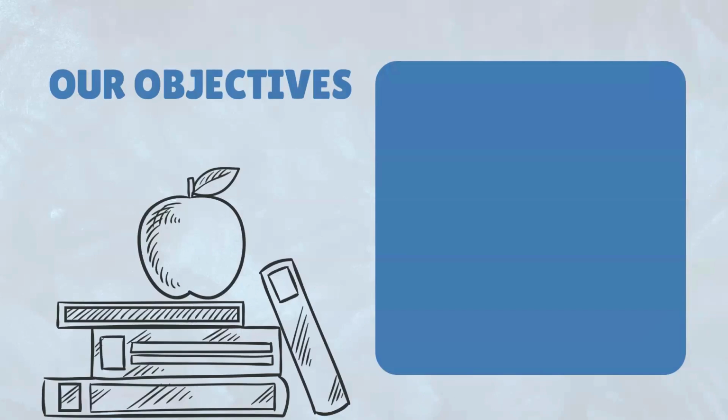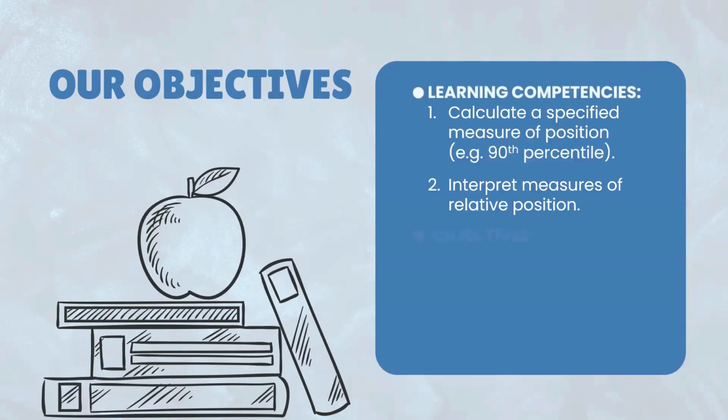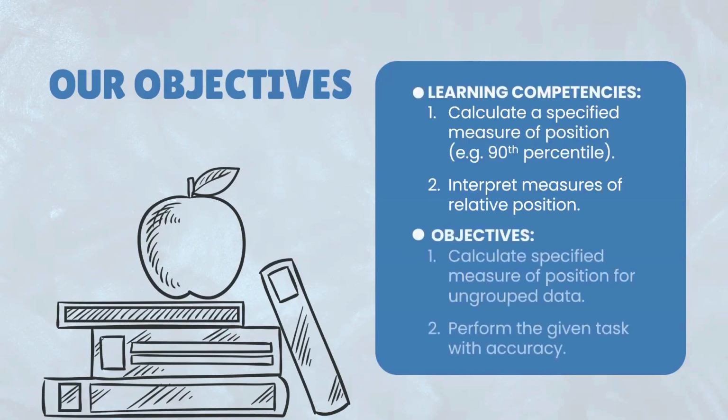All right. So for today's lesson, the following are our objectives. Number 1, calculate the specified measure of position for ungrouped data, specifically quartiles. Then, perform the given task with accuracy.